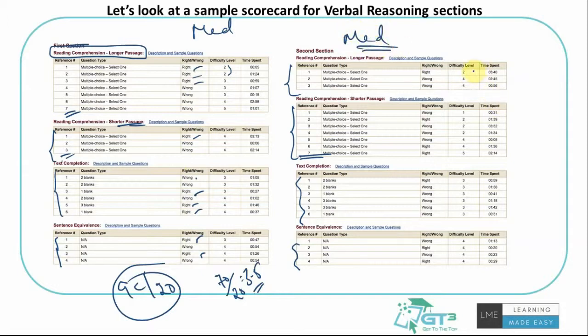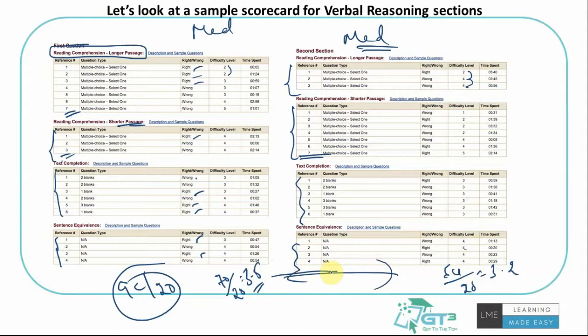Let's look at the average. 10, 11, 13, 15, 17, 21, 25, 30, 33, 36, 39, 42, 45, 48, 52, 56, 60, 64. Almost the same difficulty level, medium and medium.